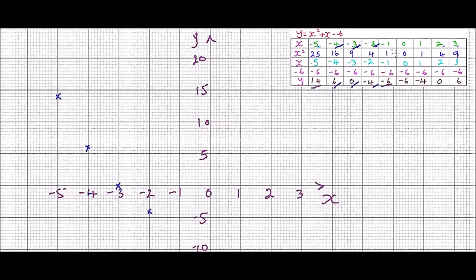When x is minus 1, y is minus 6. So y is there. When x is 0, y is minus 6. So this is where we have minus 6 when x is 0.